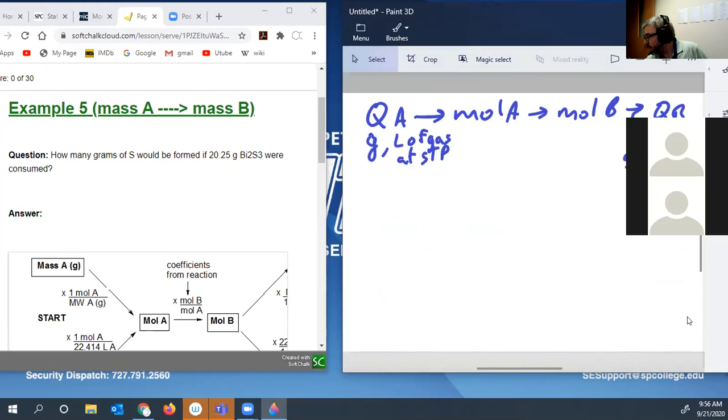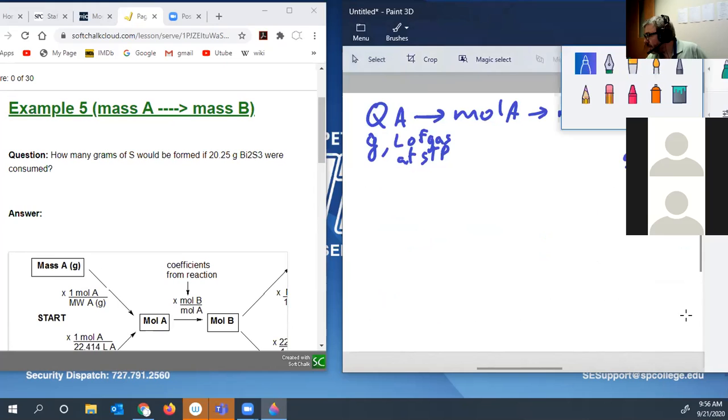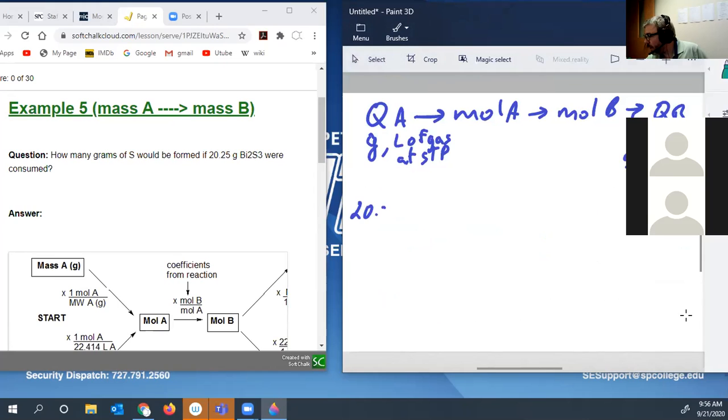We start out here with 20.25 grams, and that's going to be of Bi2S3. Then I know I'm going to need to do 3 steps here to get to where I need to be. So I know that down the bottom here, that's going to be grams of Bi2S3 to cancel.